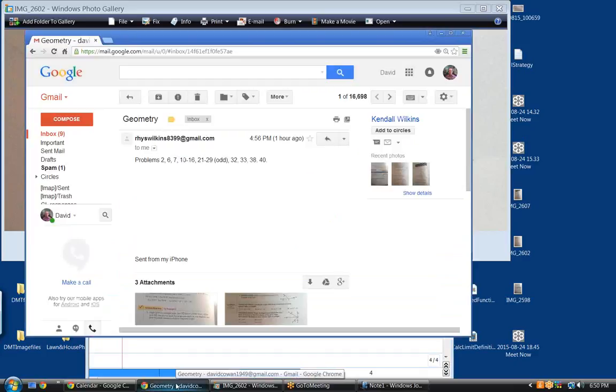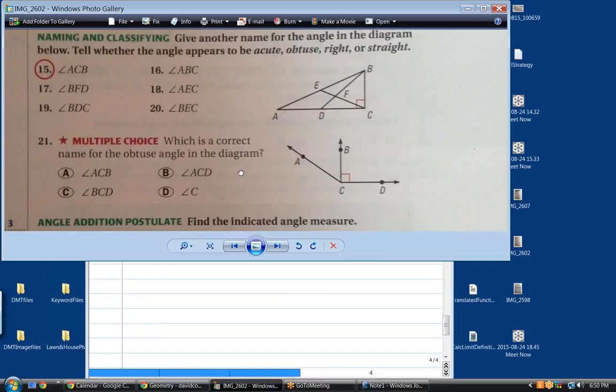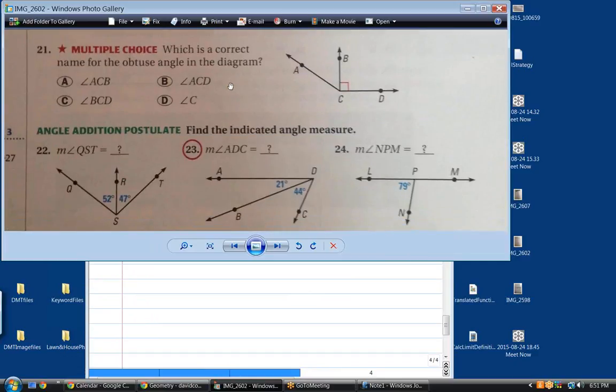All right, let's see what else is next. 21 through 29, odd. So 21, which is a correct name for the obtuse angle in the diagram? ACD. Yep. Okay. Even though this diagram is a little misleading, it almost gives it perspective.